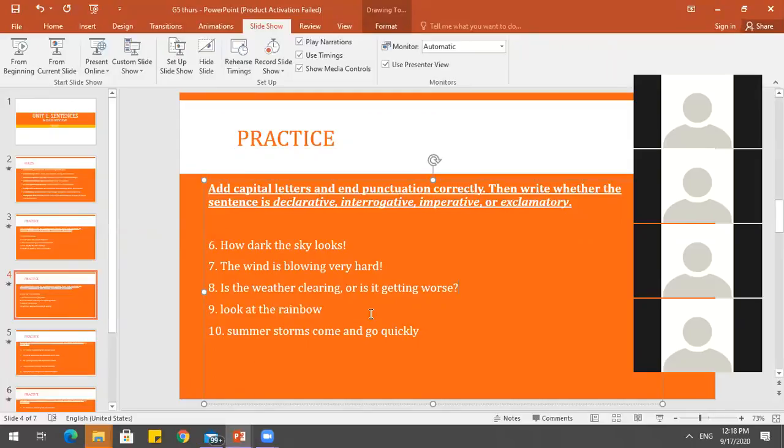Look at the rainbow. The L of look should be capital. Okay. And we add a period at the end. Excellent. What type of sentence is this? Imperative. Very good.